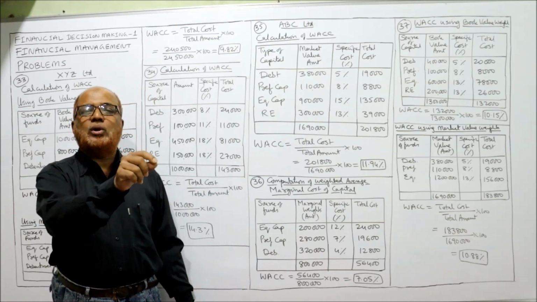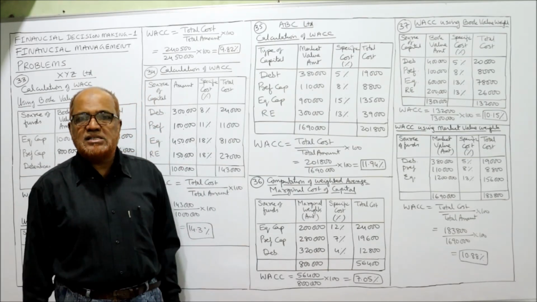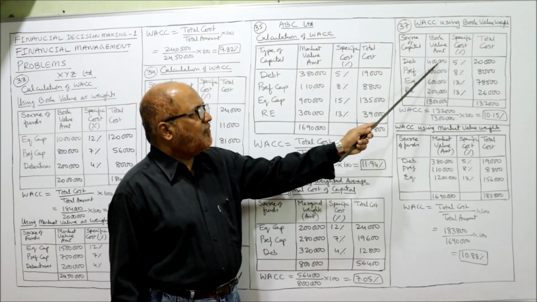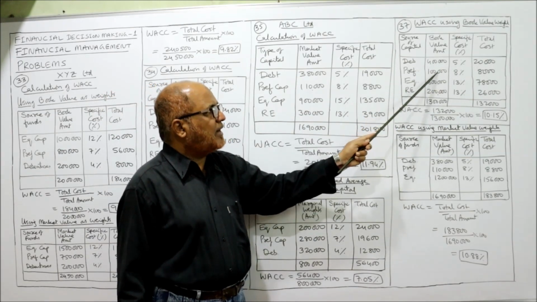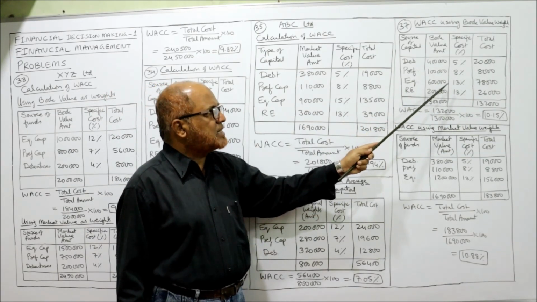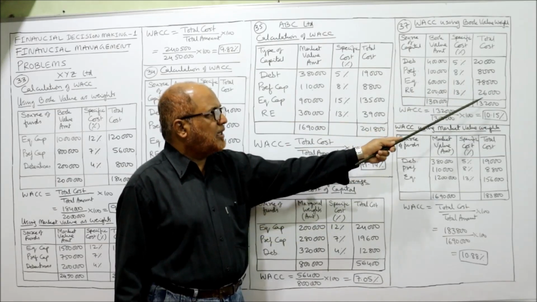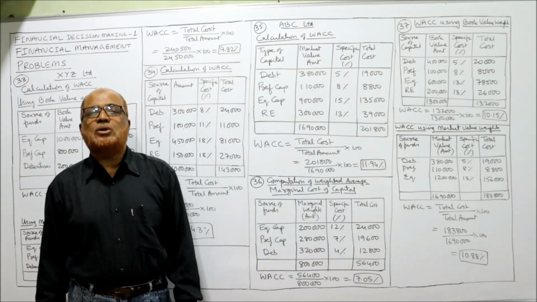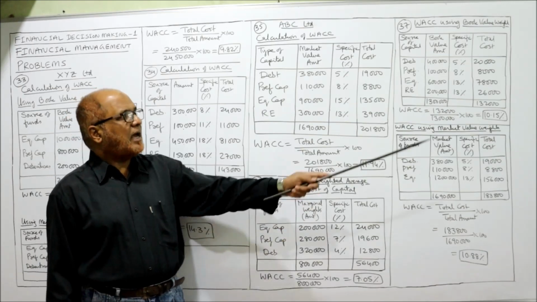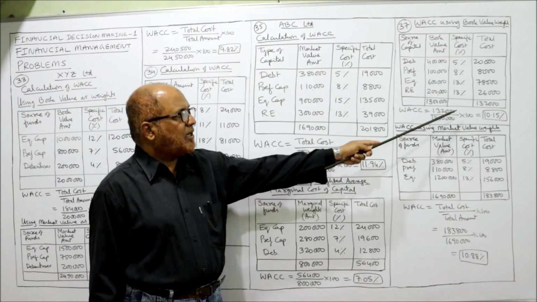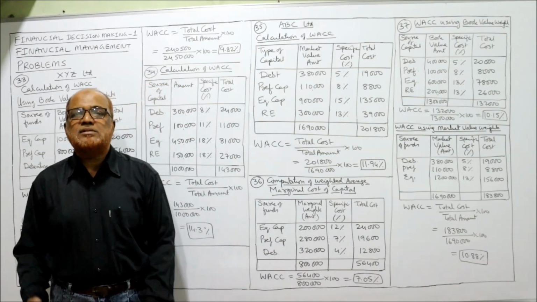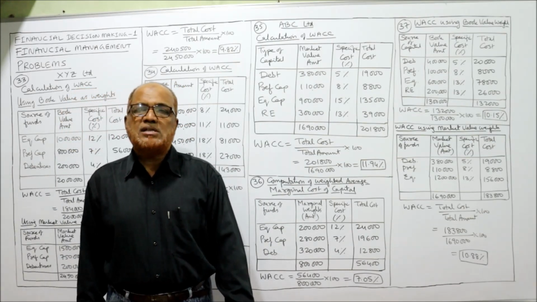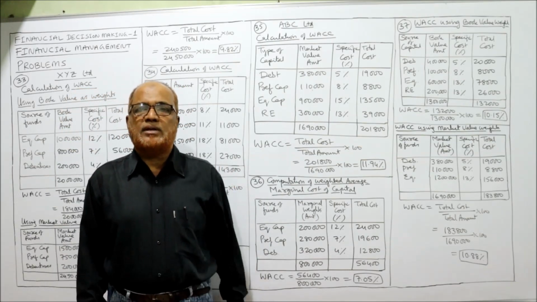KE is equal to KR, both will be same. Then multiply 4 lakh into 5%, 20,000, 1 lakh into 8%, 6 lakh into 13%, 2 lakh into 13%. Take the total. 1,32,000 is the total cost. So 1,32,000 divided by 13 lakh into 100, 10.15%. This is the WACC using book value as weights.